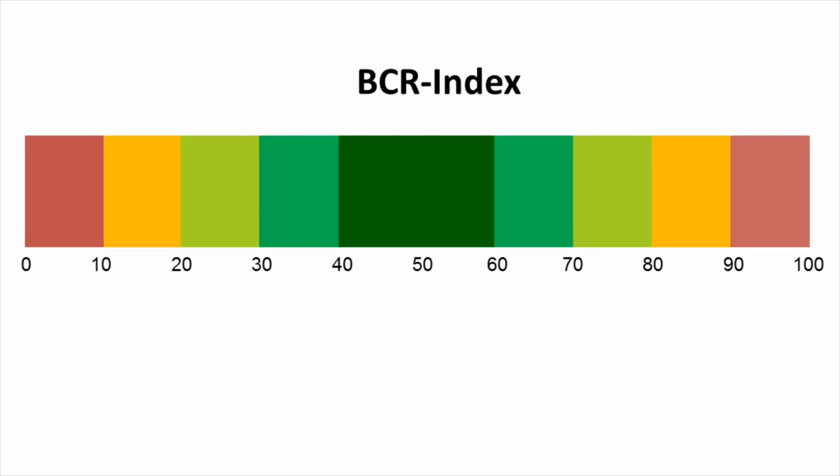Let's look at the BCR index used in the Premium model. We have a scale of 0 to 100 representing 0 to 800 kilo ohms, and a mid level of 50 representing 95 kilo ohm, the balanced energy point. Now we have the same example of the orange line at 5.